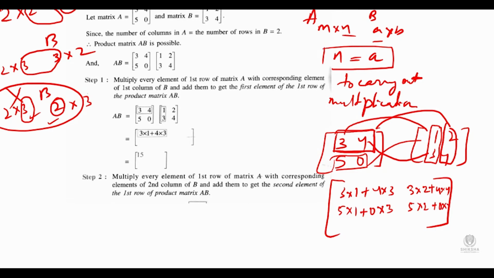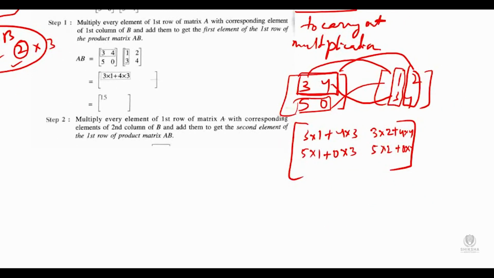The solution comes out as 3 plus 12, 6 plus 16, 5 plus 0, 10 plus 0.